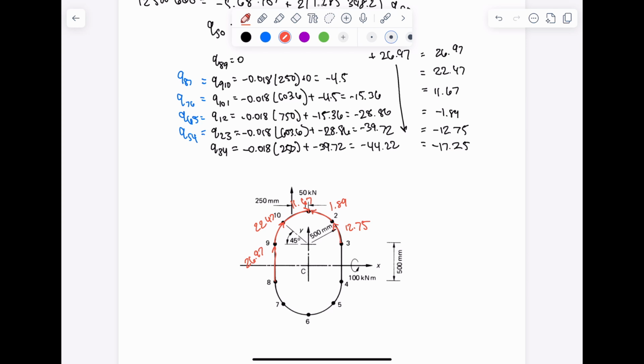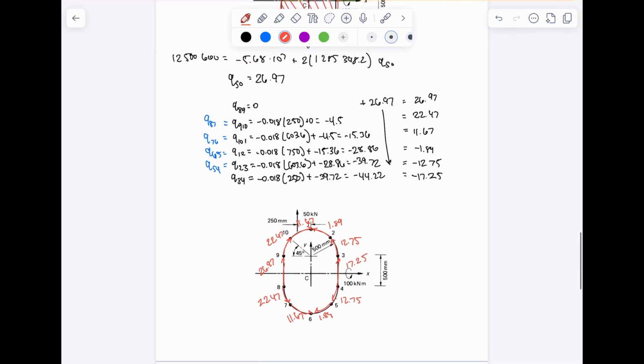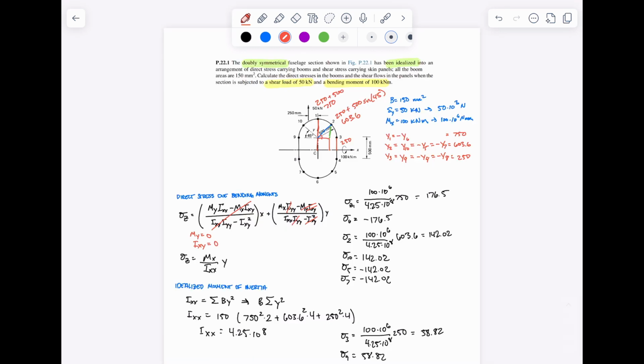And from 3 to 4 is negative, so it goes the other way as well, 17.25. In the geometry, 8 to 7 is the same thing, 22.47. 7 to 6 is 11.67. 6 to 5 is negative, so it just goes the other way, 1.89. And 5 to 4 is negative the other way, 12.75. That's how the shear flow actually looks. And that is all that is asked of us to solve.